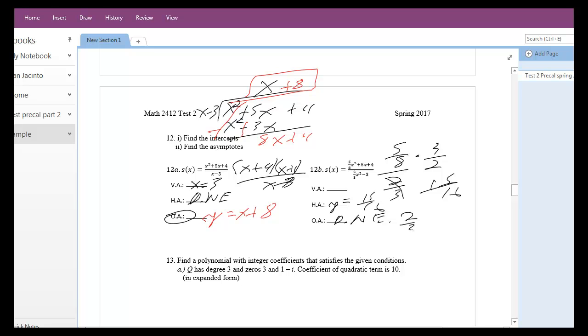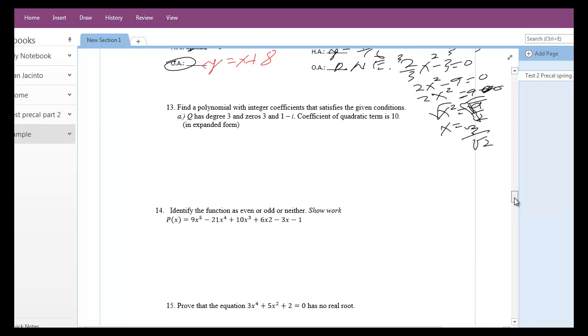Can we factor that bottom? That gives me 2/3 x squared minus 3, set equal to 0. So I'm going to multiply by 3, giving me 2x squared minus 9 equals 0. X squared equals 9 over 2, sorry. Divide by 2, x squared equals 9 over 2, take the square root. What's the square root of the whole thing? Should give me 3 over the square root of 2.